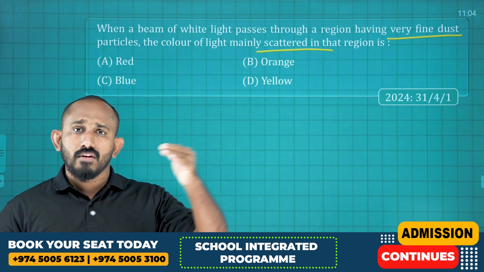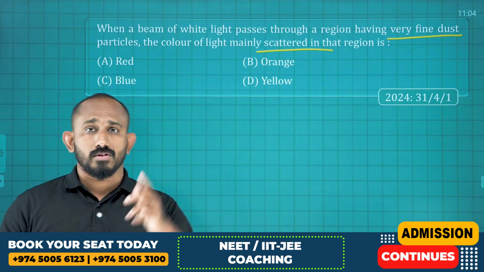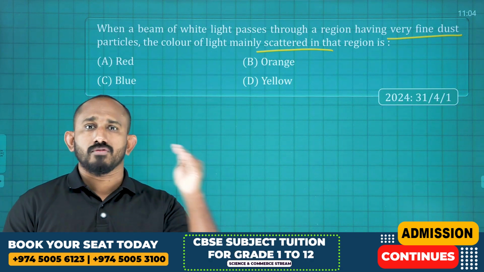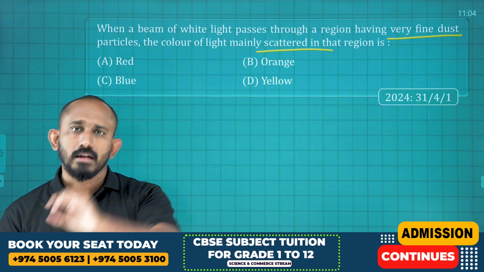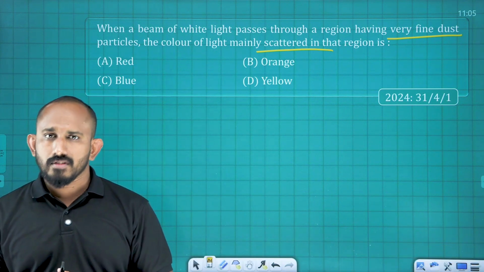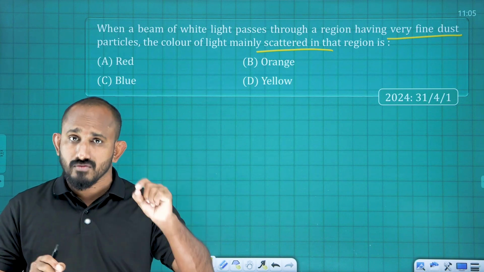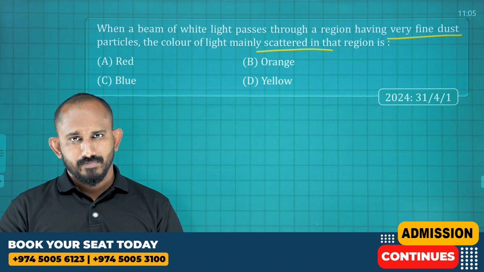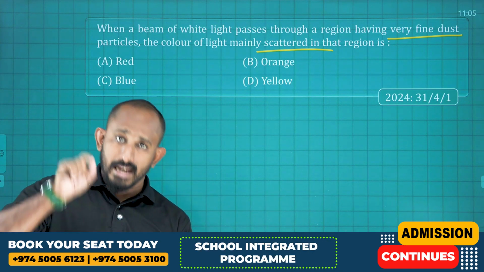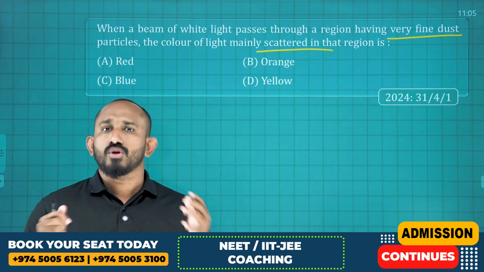Or greater wavelength colors can be scattered if the size of the particle is larger compared to the wavelength. So the scattering happens based on the size of the particle and the wavelength of the light. If the size is very small, very fine, then only the colors with less wavelength will scatter. If the size of the particle is greater, then the colors with greater wavelength will also scatter. That's the logic behind it.